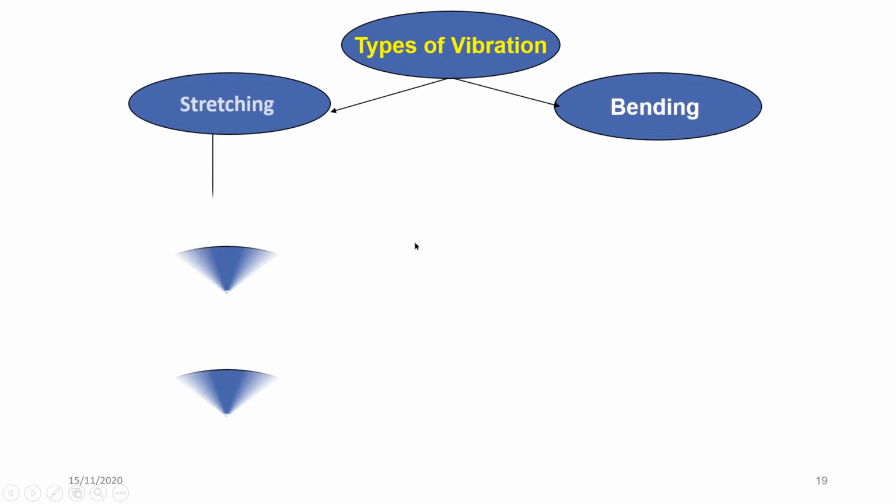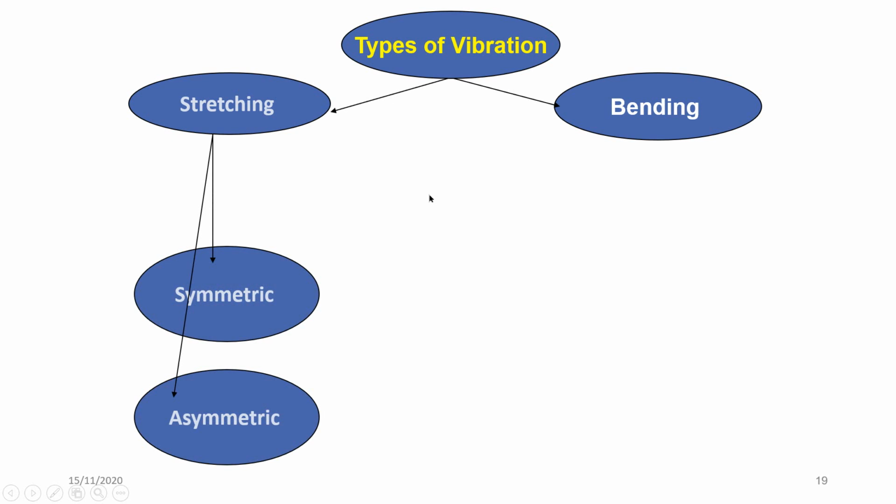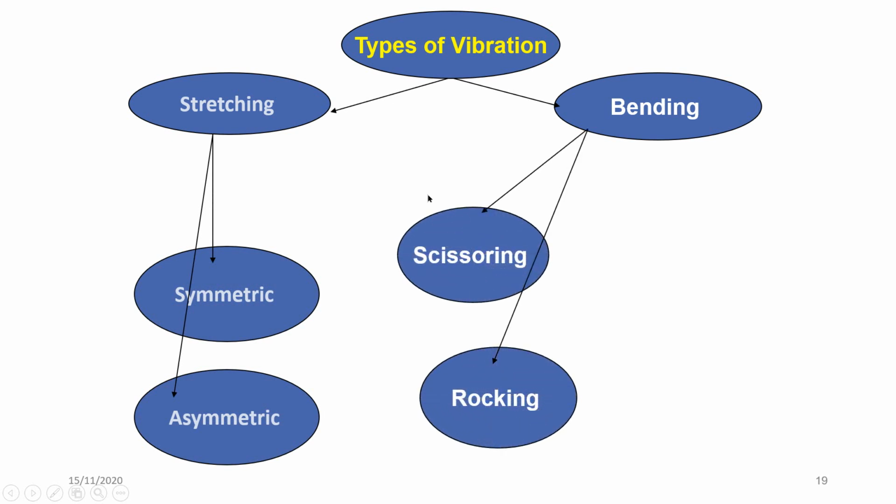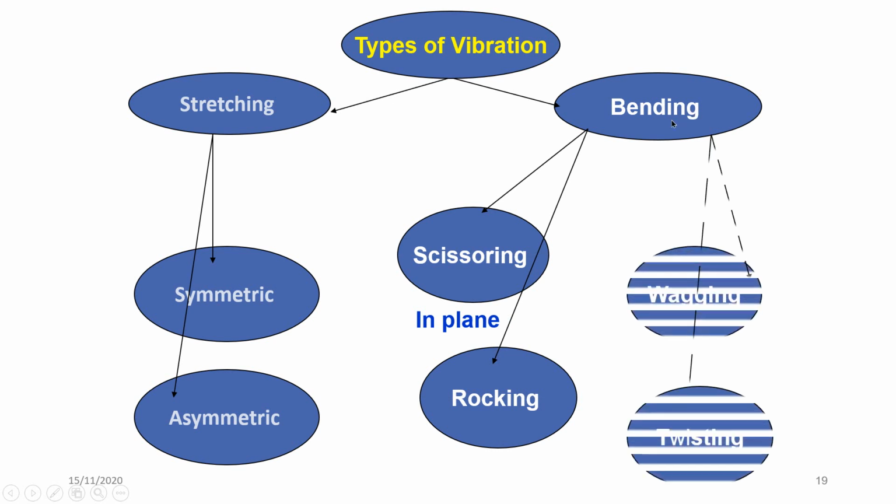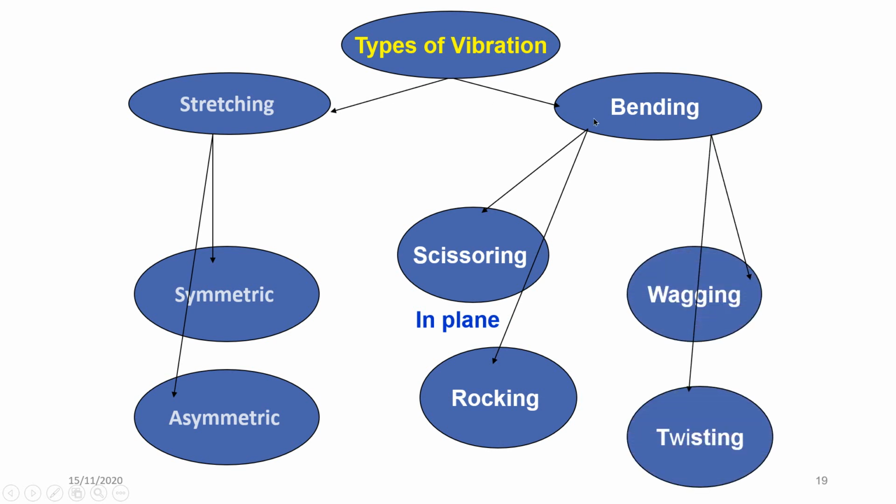So when the molecule absorbs IR radiation, it can undergo two types of vibrations, namely stretching vibration and bending vibration. Stretching vibration means there is a change in the bond length between two atoms, and in bending vibration there is no change in the bond length, but there is a change in the bond angle.